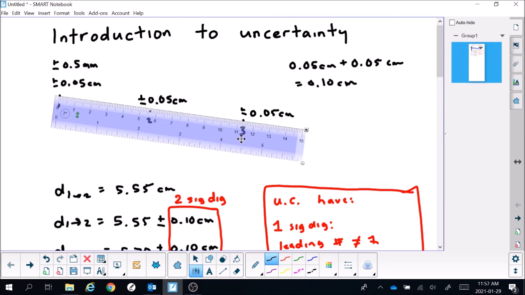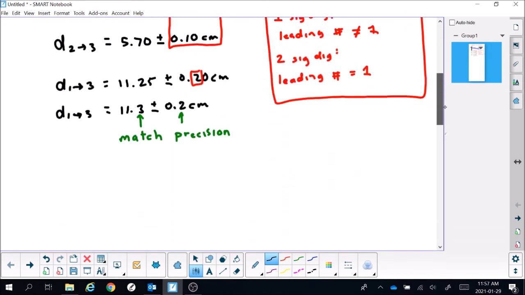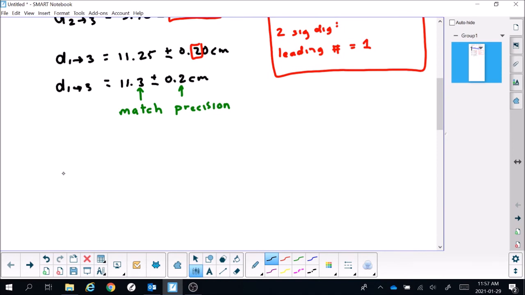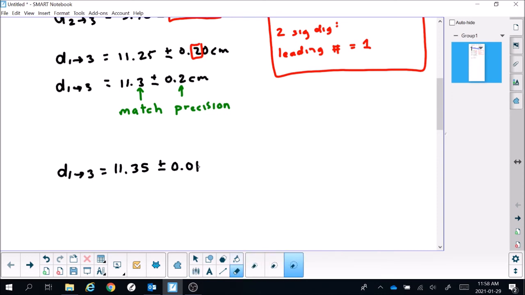So I'm getting 11.35 for this. So if I just measure straight like that, I'm going to say D 1 to 3 is equal to 11.35 plus or minus 0.10. You'll notice my uncertainty is 0.10 instead of 0.20. That's because I only made the one measurement.